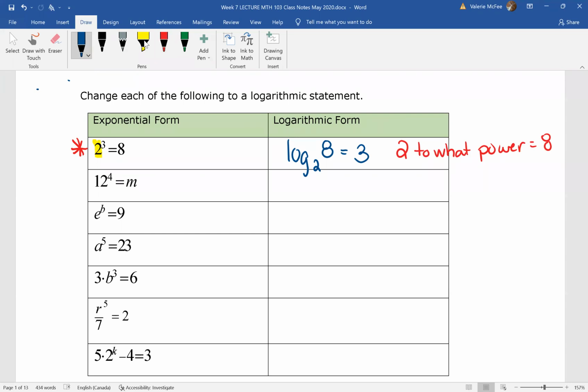The bases are the same. The base here is 12, so we have log base 12. The answer to a log is the exponent. Log base 12 of m. We should also write down how to say this, because people often say it incorrectly. Log base 12 of m equals 4.